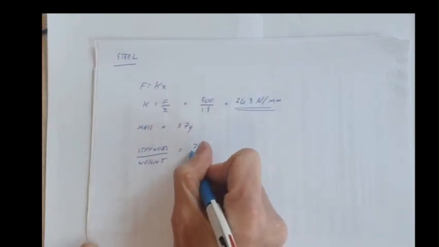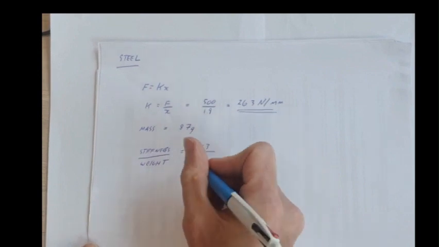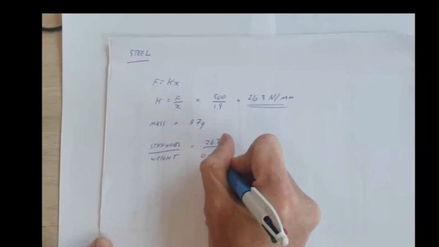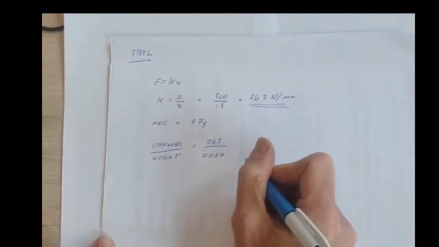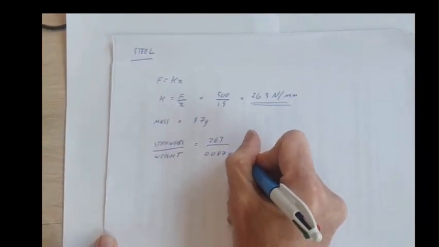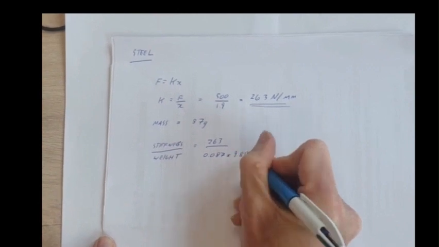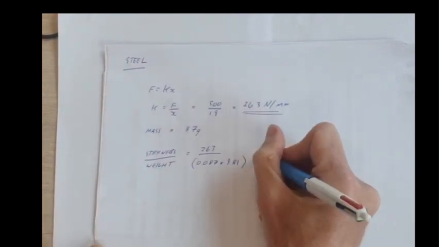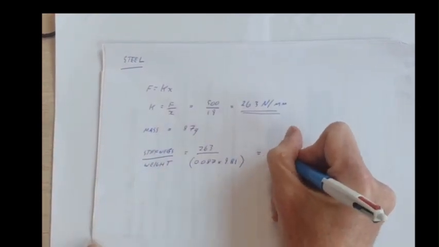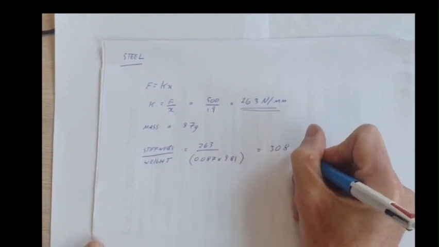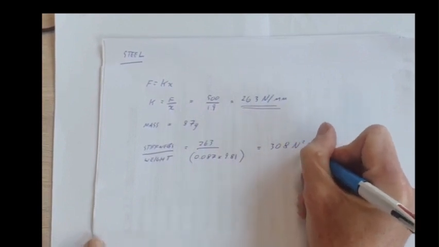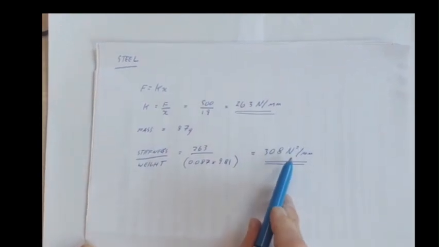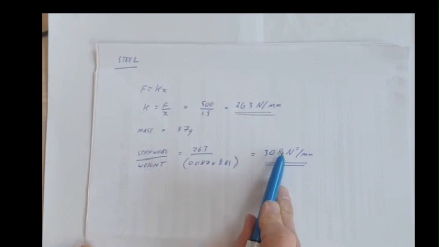That's the stiffness, and the weight is the mass times gravity, so that's going to be 0.087 kilograms times 9.81. So mass times gravity is going to be our weight. Gives us 308 newtons squared per millimeter. Okay, odd units. Don't worry too much about the units, it's this number that's important to us.